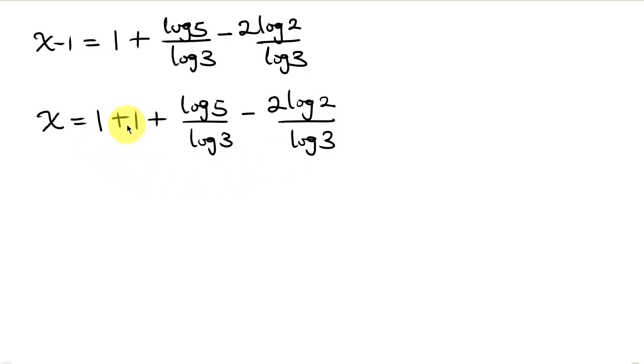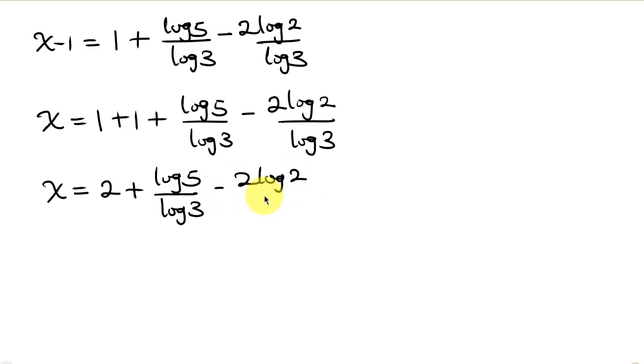Now simplifying further, we have x equal to 1 plus 1, that is 2, plus log 5 all over log 3, minus 2 log 2 all over log 3. Now we can't just leave our solution like this as our final answer.